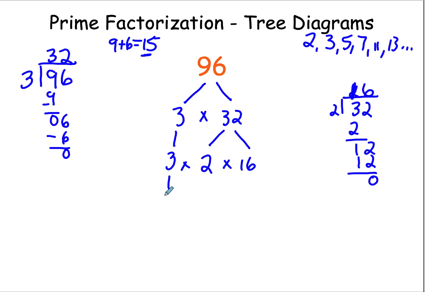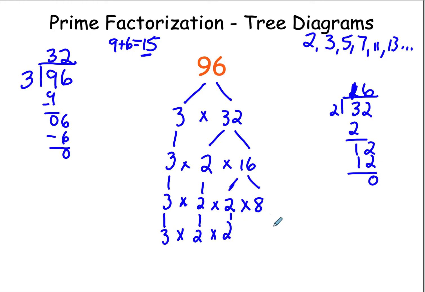I'm going to bring down my 3 because that's prime. Bring down my 2 because that is prime. And then I split my 16 into 2 times 8. Bring down my 3 times 2 times 2. And now I need to split my 8 into 2 times 4.